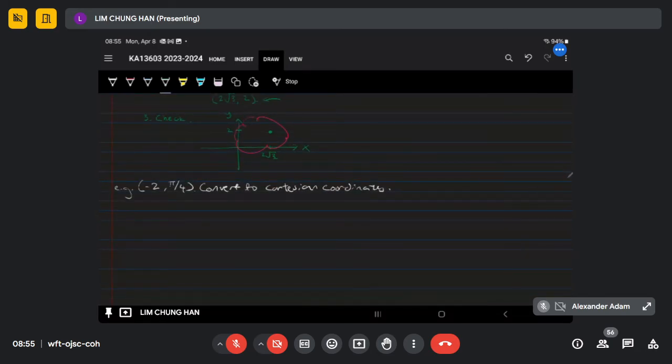So same thing. First step, always plot. Plot, convert, check. So plot. Okay, you should know how to plot this. There's a negative there, -2, but you should know how to deal with it.